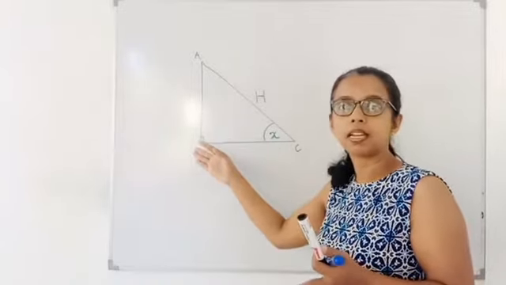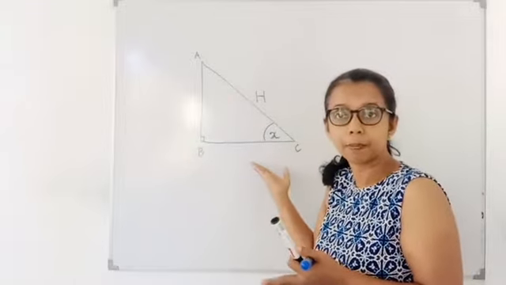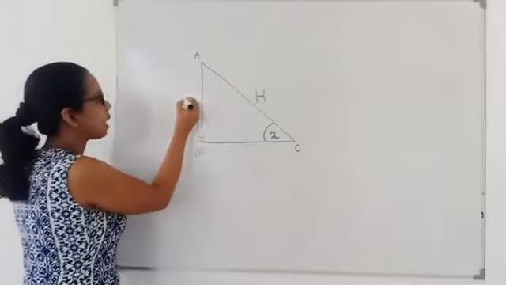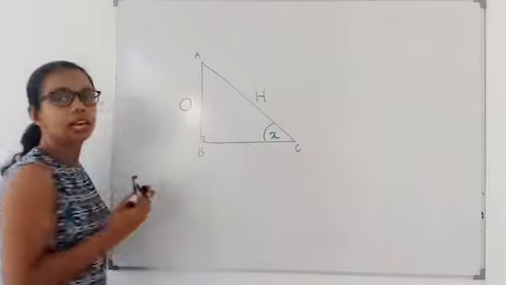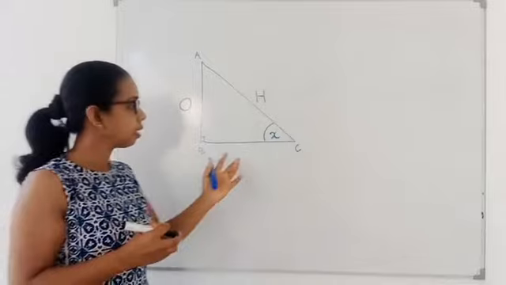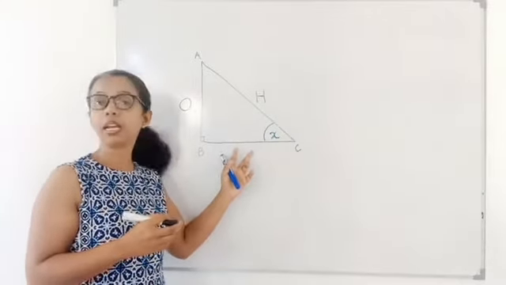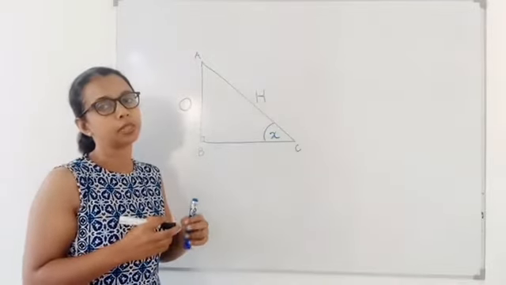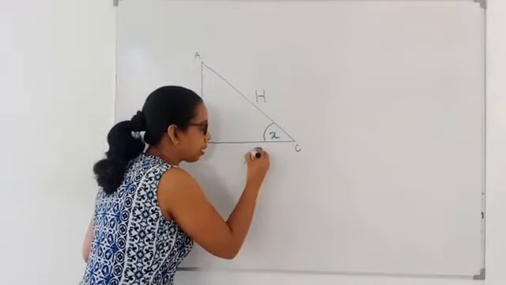That is the side which is exactly opposite to the selected angle, so I name it the opposite side. And the remaining side, which helps to create the selected angle together with the hypotenuse, I name the adjacent side.